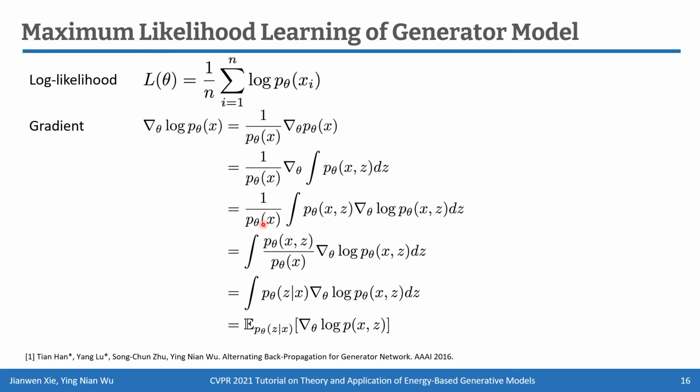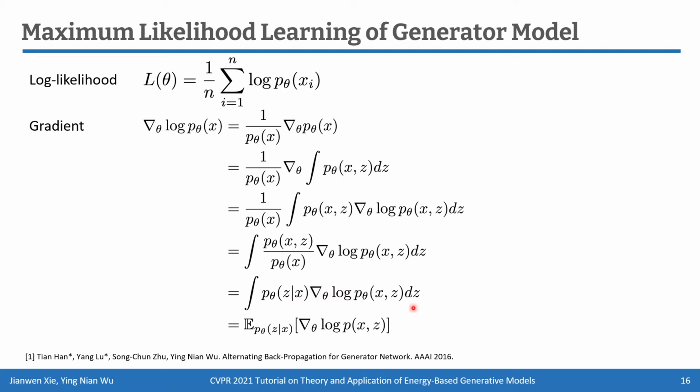And then we can move this p theta x, this marginal, inside, because this is an integral over z. And then we get this joint divided by the marginal, which is the conditional distribution of z given x, which is also the posterior distribution of z given x, which serves as the basis for us to infer z based on x.